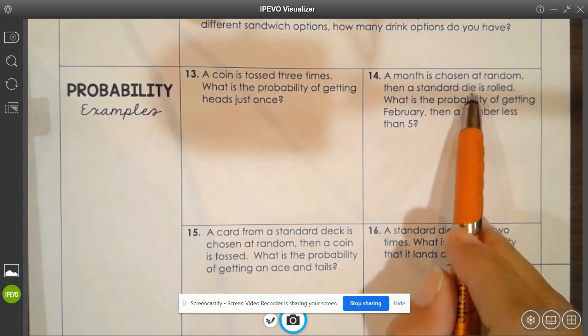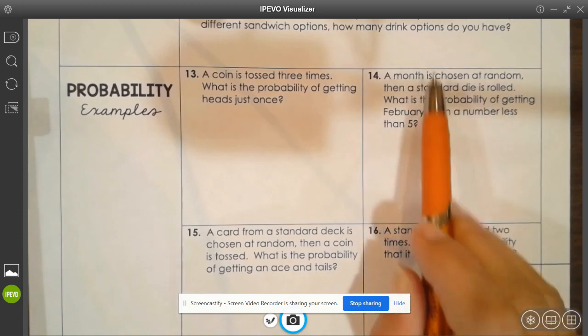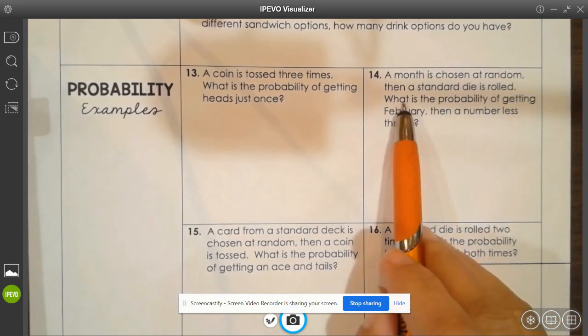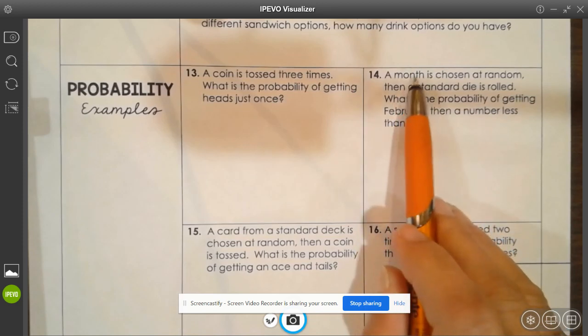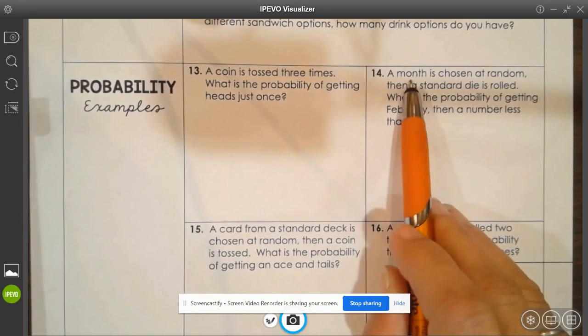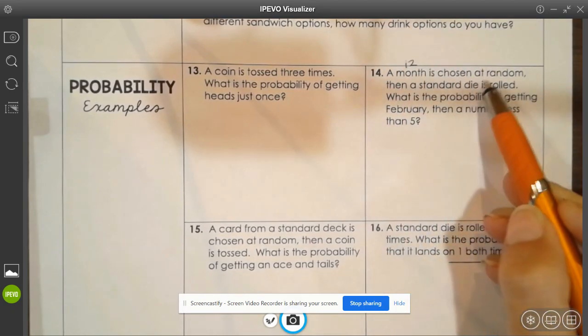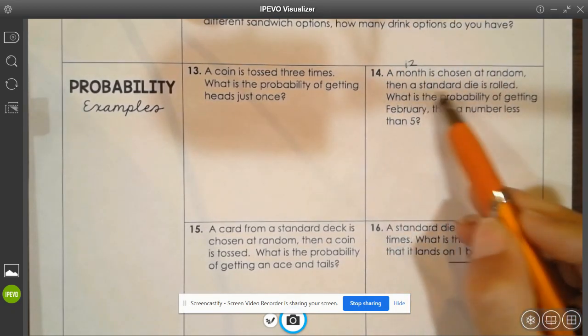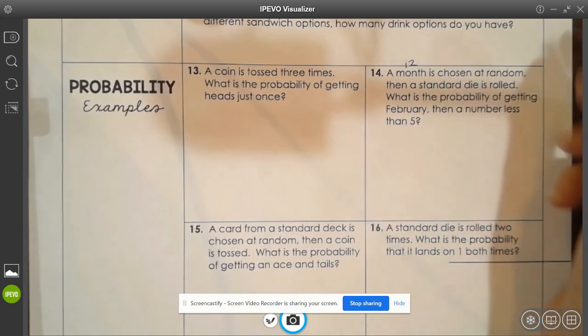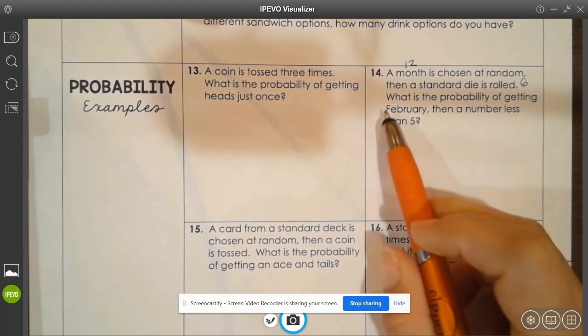Then a standard die is rolled. So there's two things happening here. Month, how many months are in a year? That's 12, right? It's chosen at random. And a die, how many sides does a standard die have? Well, it has 6. So we know those numbers.